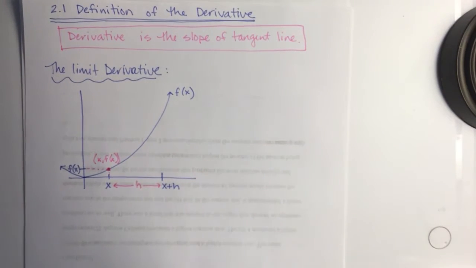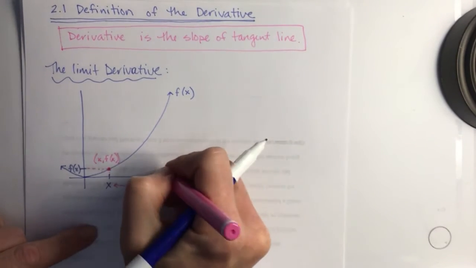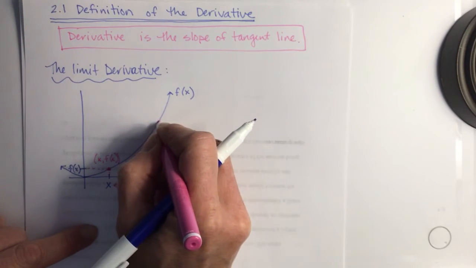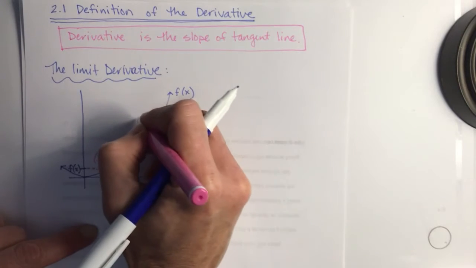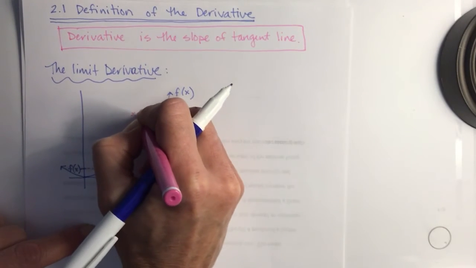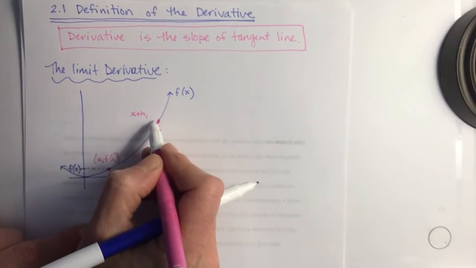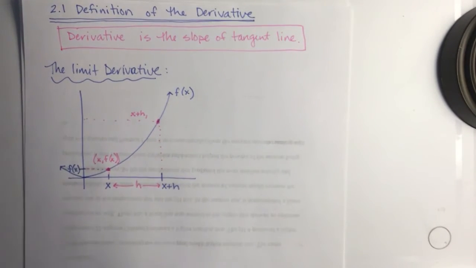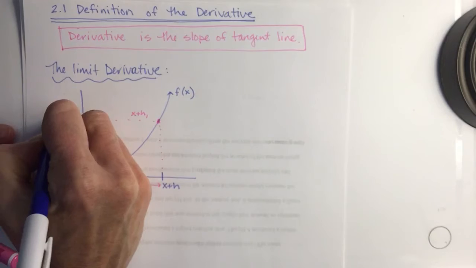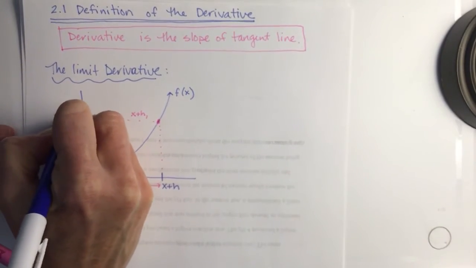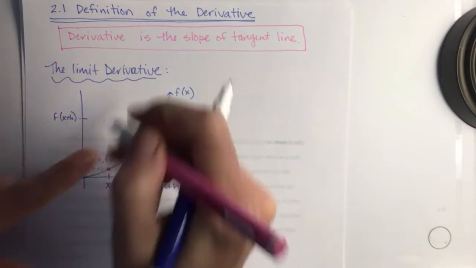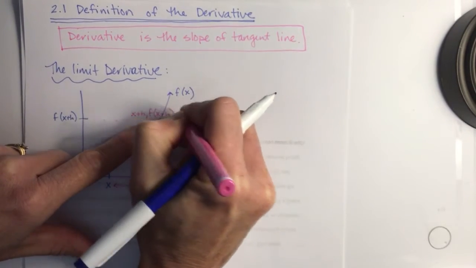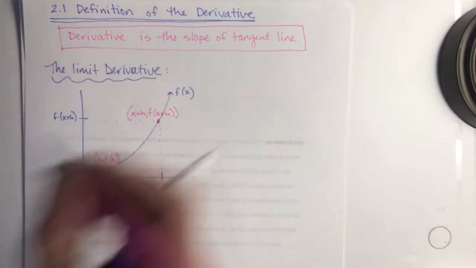You got it. It was easy, right? So then we got another point on this graph, x plus h, and obviously the y value is going to be f of x plus h. Okay, two points on the graph.